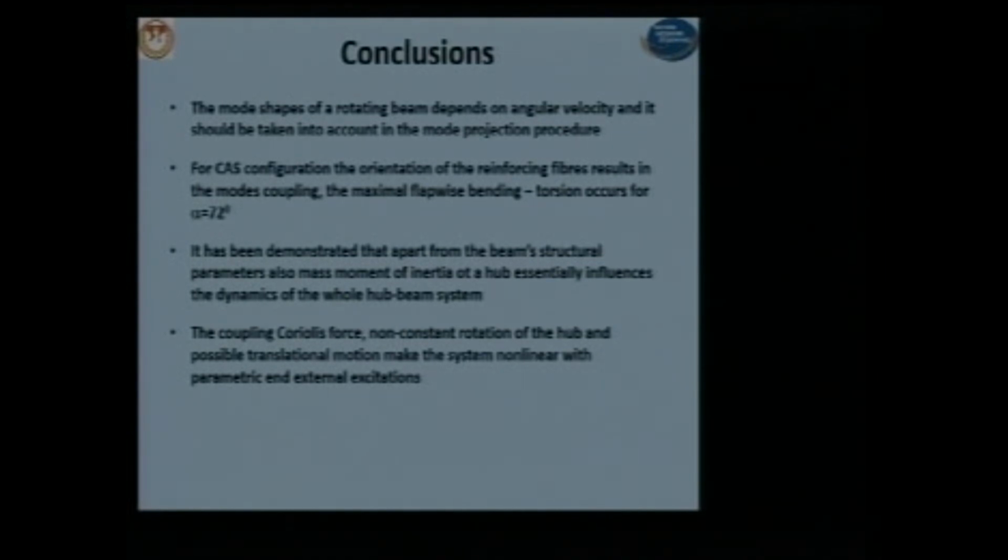One actuator can twist two types of deformation. And also we have to remember the hub inertia is essential. We have to study the full system dynamics, and also Coriolis, non-constant rotation, and possible translation of the hub can give important nonlinear terms. Okay, thank you very much.